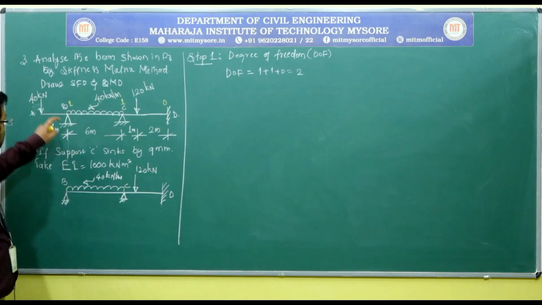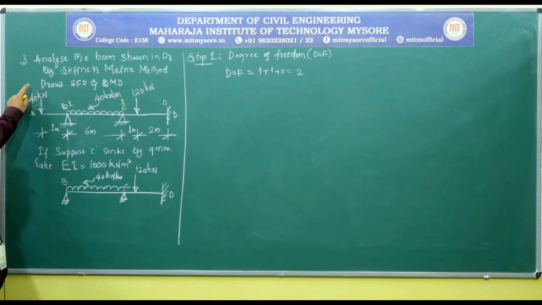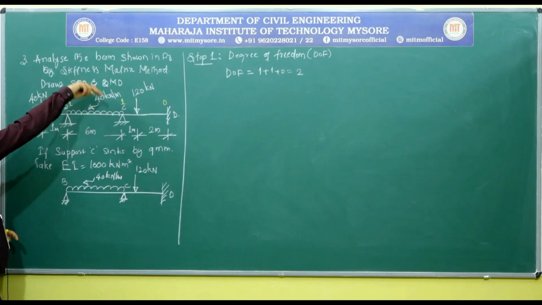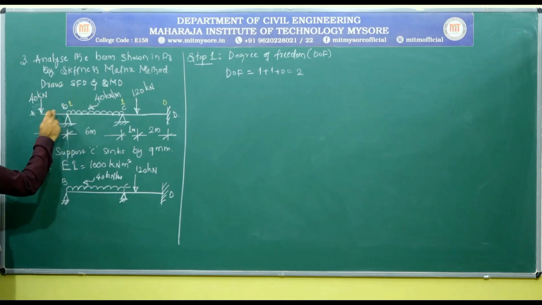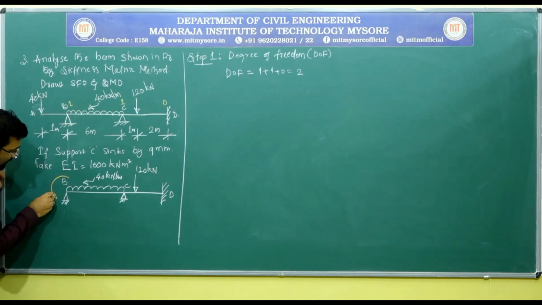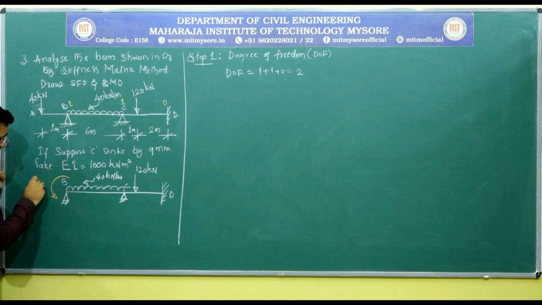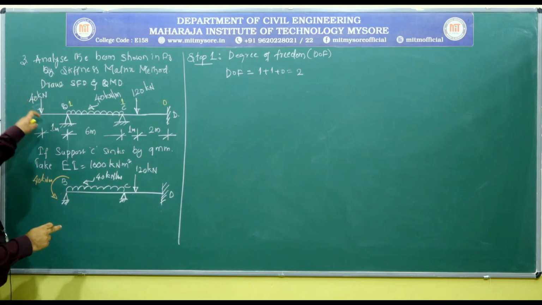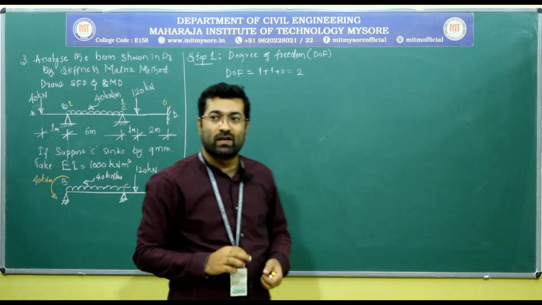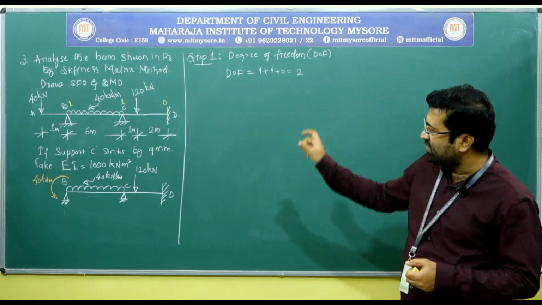You can see here, because of this overhanging and the concentrated load, this is creating an anti-clockwise moment of 40 into 1, that is 40 kilonewton meter about B. So I will represent that here. This is the moment 40 into its perpendicular distance, that is 40 into 1, 40 kilonewton meter, which is developing at B due to the concentrated load of magnitude 40 kilonewton at A. I have taken the same problem, just modified.